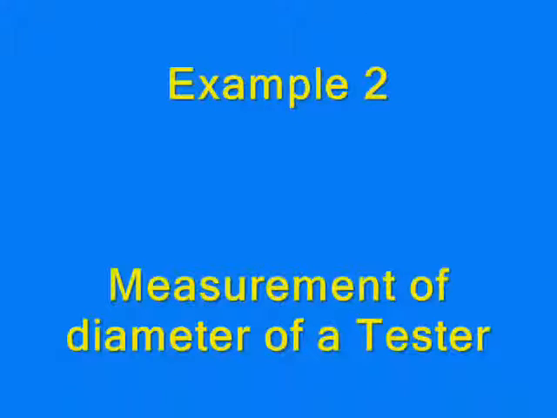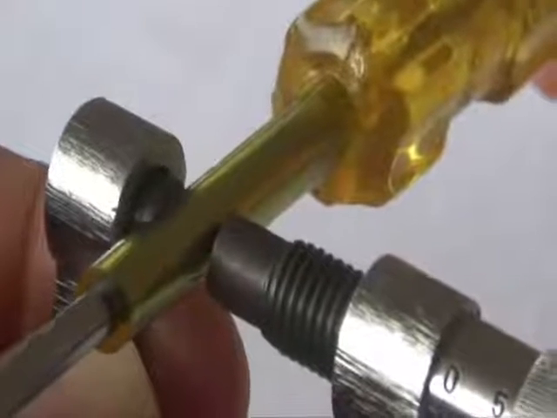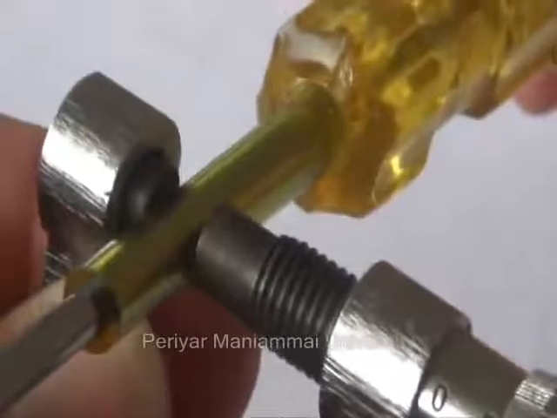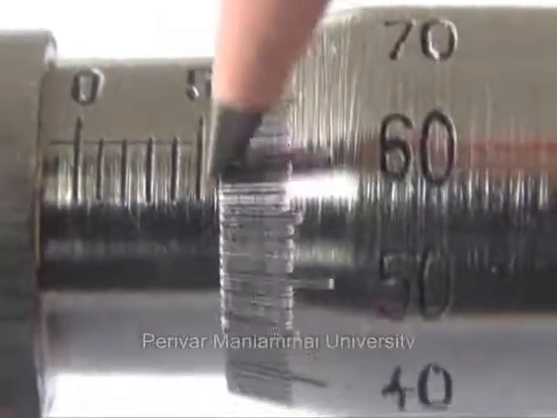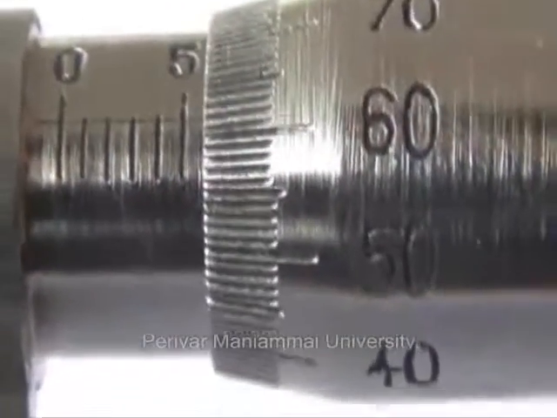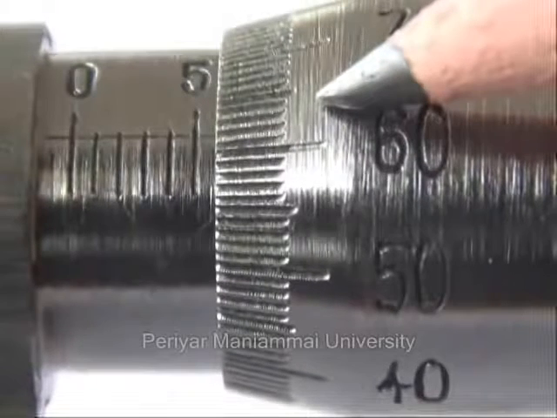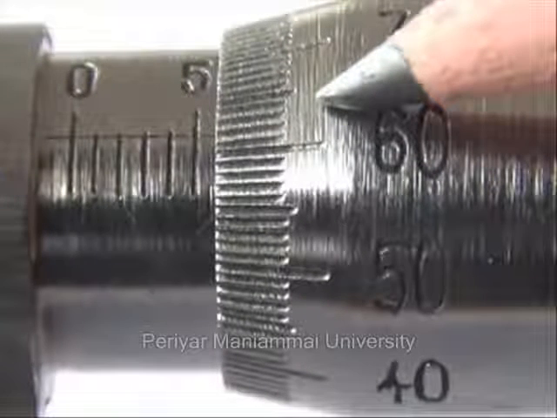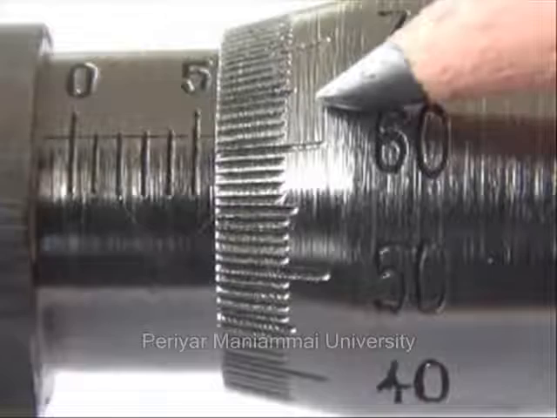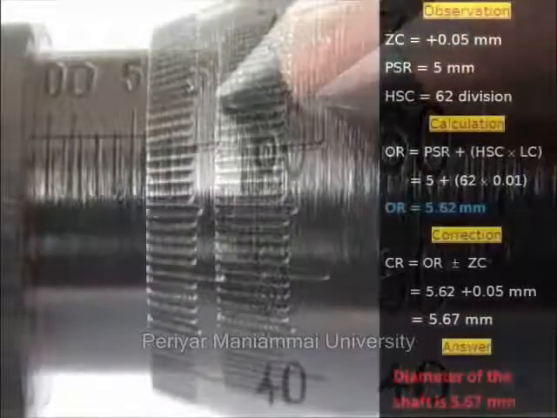The next example is the measurement of diameter of an electrical tester. Now the object is placed and tightened up gently. We can observe the reading. In pitch scale we are able to see the 5th division. In head scale, the 62nd division coincides with the reference line.